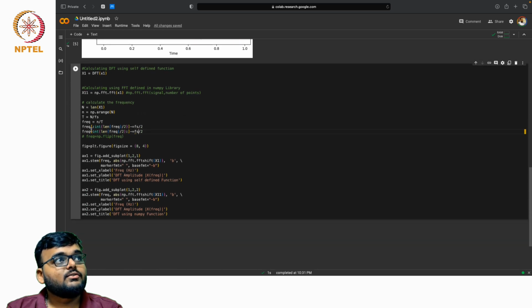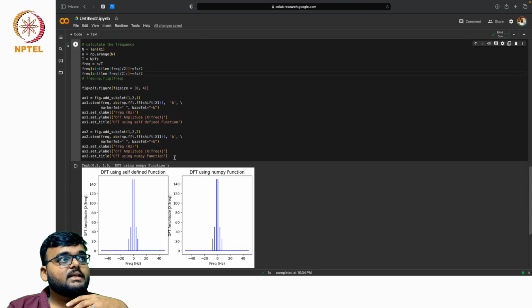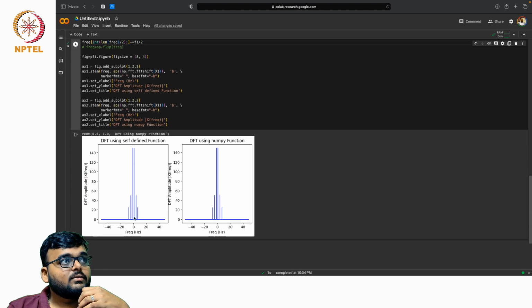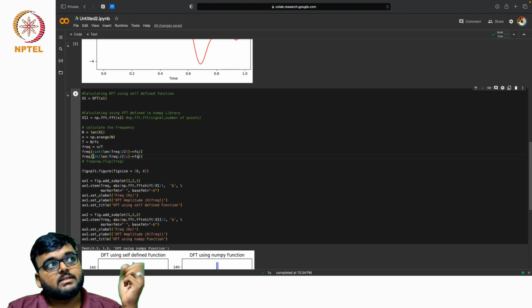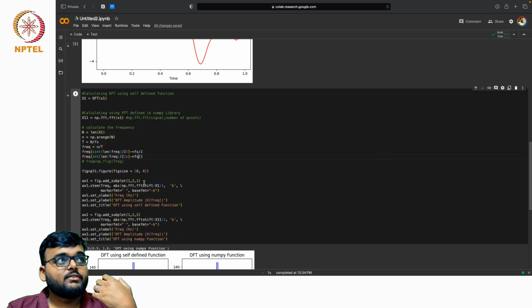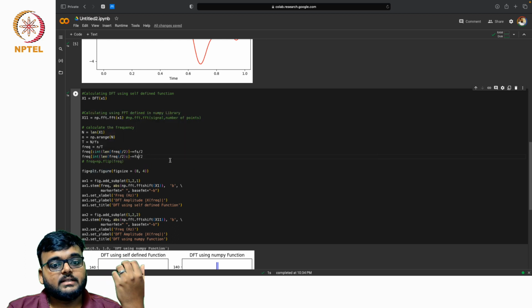Now if I run this, you will see the FFT spectrum like this. Say you have a signal near 1 hertz, then there is a positive side and a negative side, like a sine wave has both sides. But you see there is a lot of folding I have done here, meaning assigning the matrix a different way.